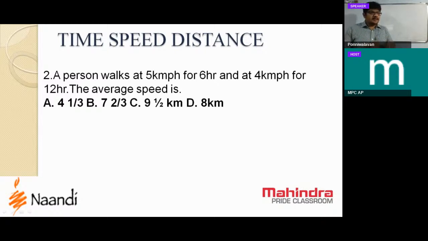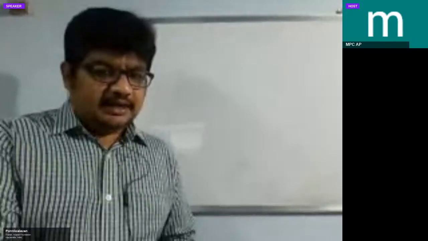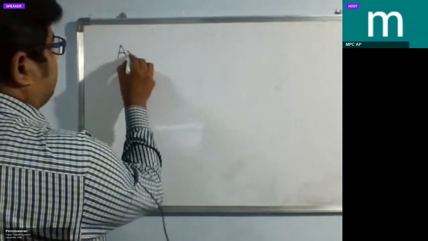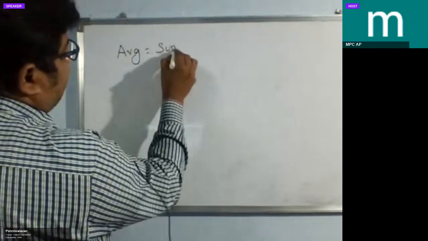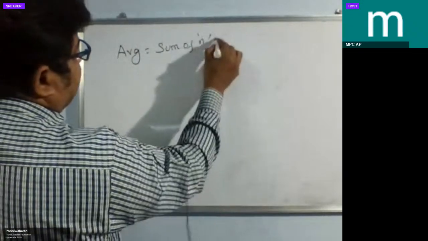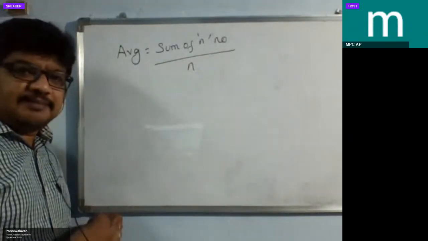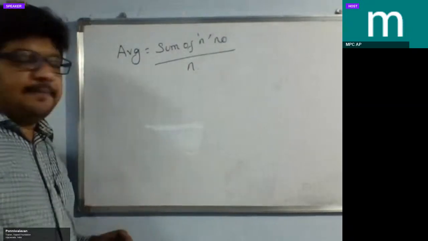When I explained the basic concept of average, I gave the formula: average is equal to the sum of n numbers divided by n. But this case is not applicable in the speed concept.